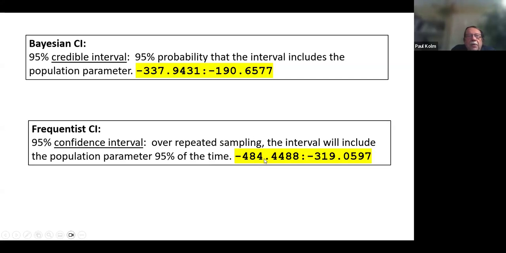Here, 95% of the time, this interval will include the true population parameter. This is probably one of the most important things to remember, especially when you read literature: the difference between the Bayesian credible interval and the frequentist confidence interval.